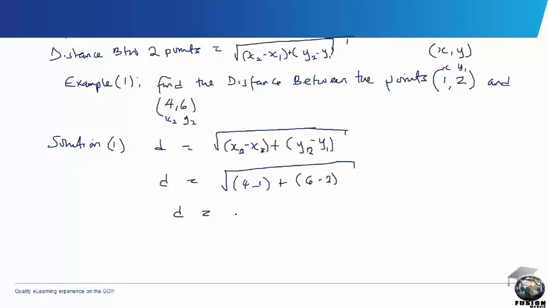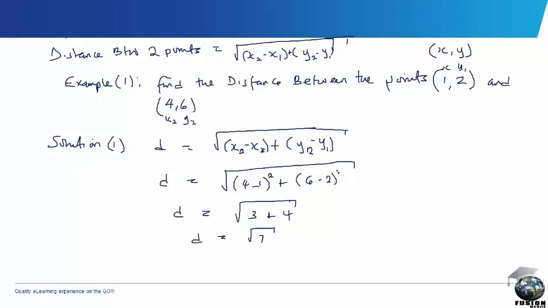So D will be equal to the square root of 4 minus 1 is 3, plus 6 minus 2 is 4. So D will be equal to square root of 7. So the square root of 7 will give the distance of the separation.